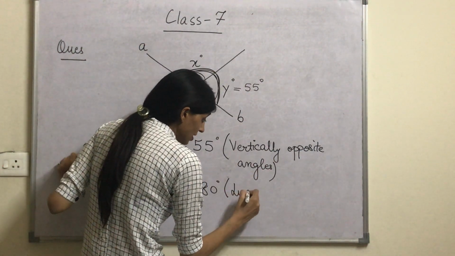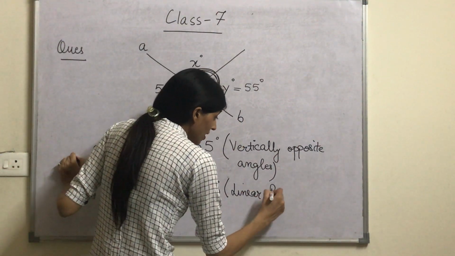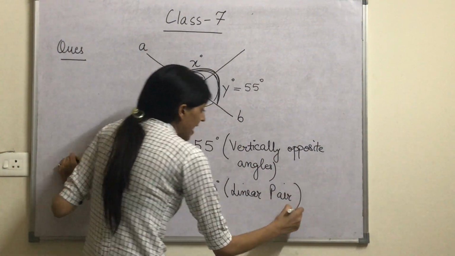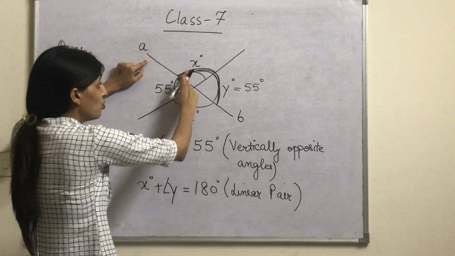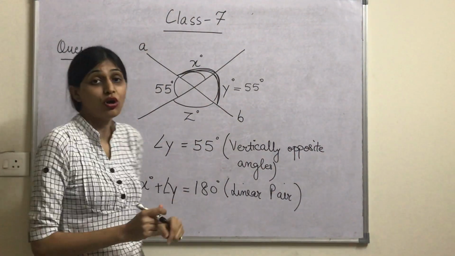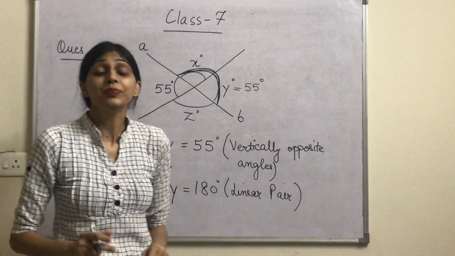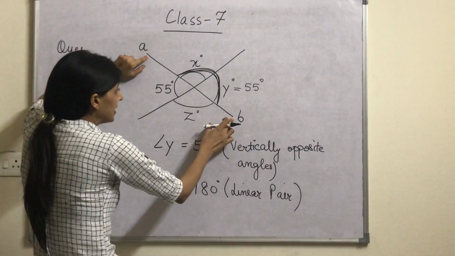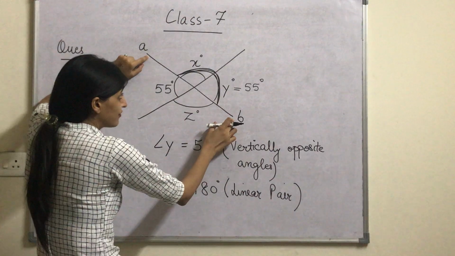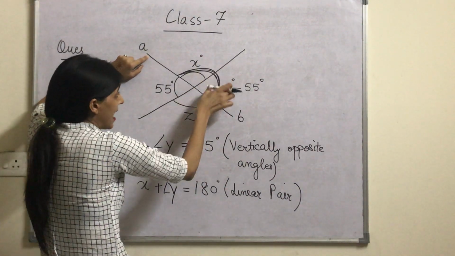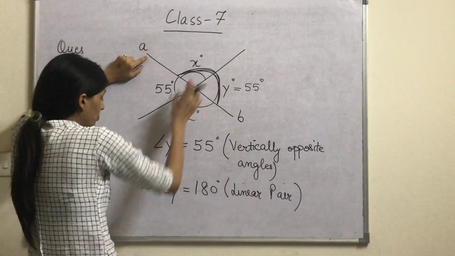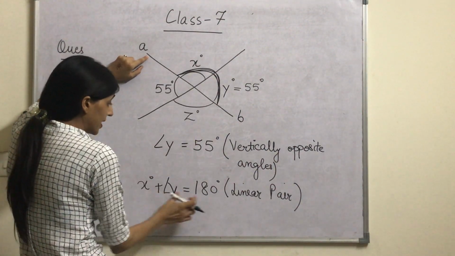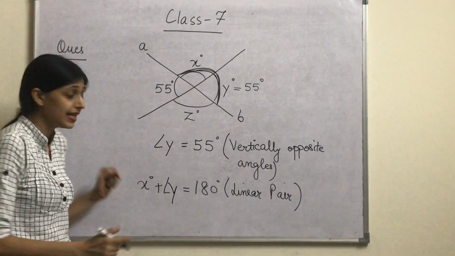linear pair, because I already told you that the angle formed on the straight line is always equal to 180 degree and it is always a linear pair. So this is a linear pair and the linear pair is formed with the help of x and y. Y we know the value, x we don't know the value, x plus y equals 180 degree.